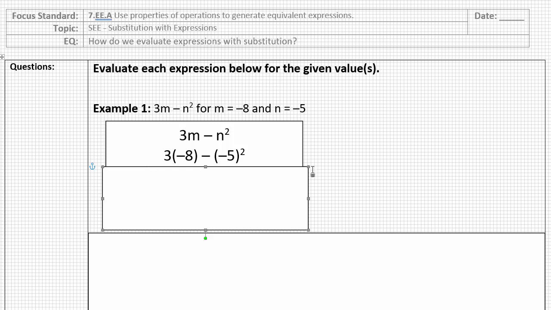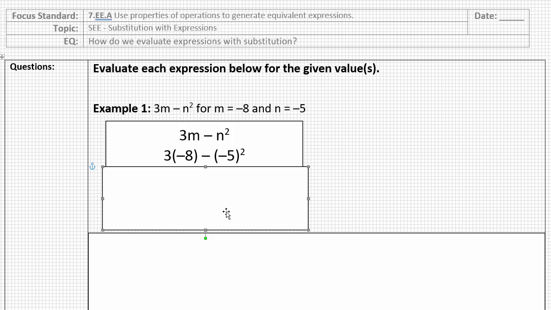As soon as you do the substitution, it becomes an order of operations problem. So we have to remember our work from PEMDAS, and it tells us parentheses. Well, each set of parentheses only has the value that we've substituted in, and then exponents. So we'd have to do this negative 5 squared as our first calculation and take it from there.